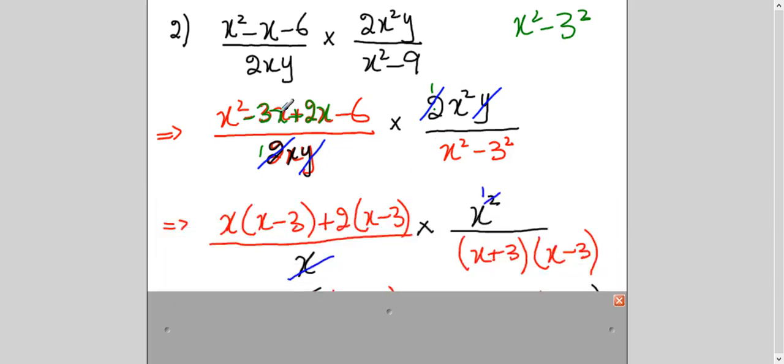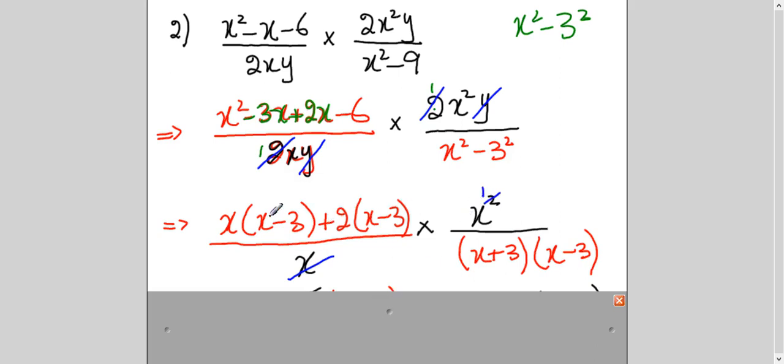Now, I have taken common from here x minus 3, plus common from here 2, x minus 3. And this x square minus 3 square will become x plus 3 times x minus 3. And I have left here x and x square. If I cancel, this x power 1 will cancel with this, and I will be left with 1x here, right?